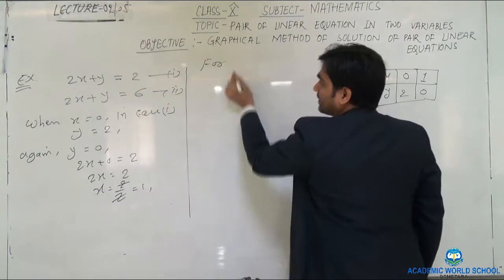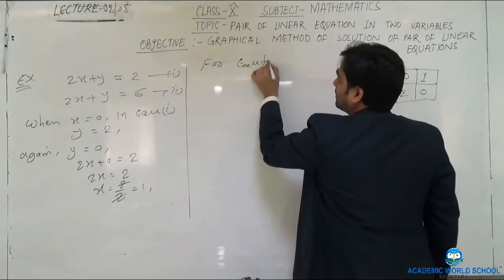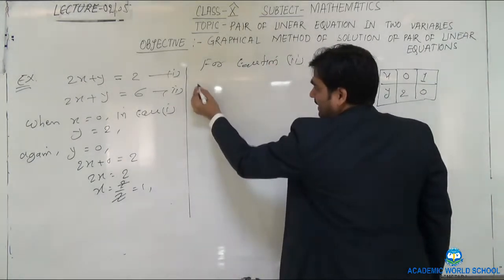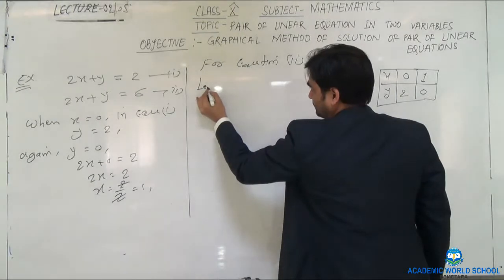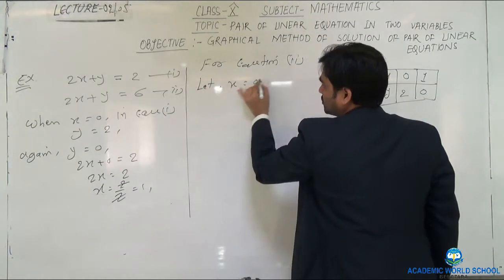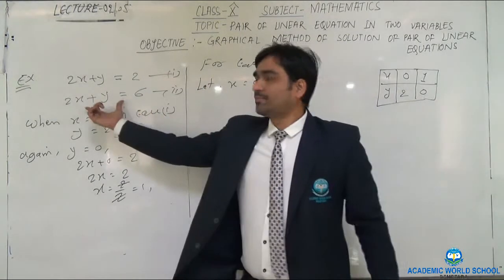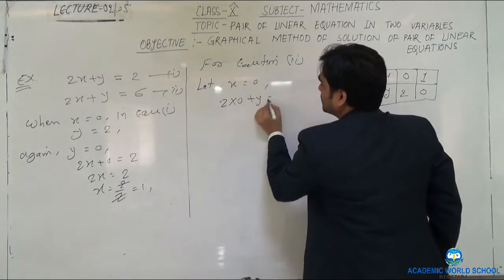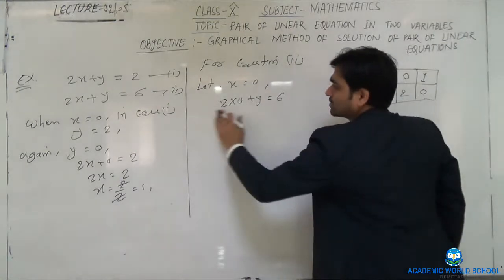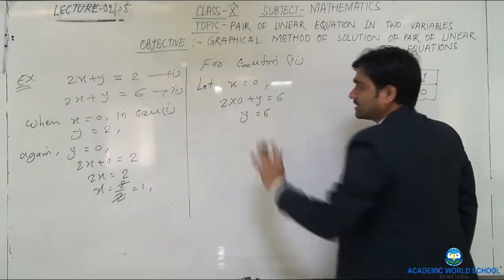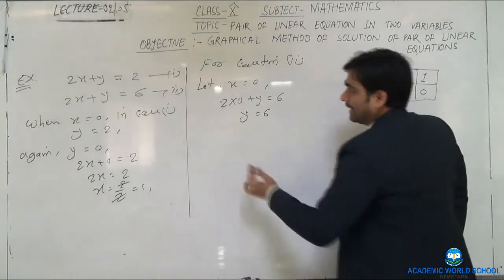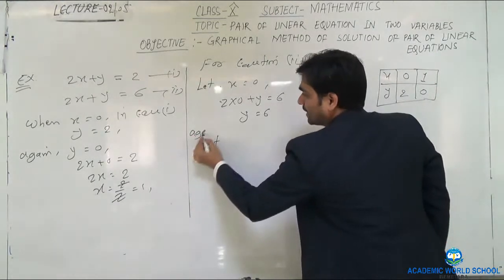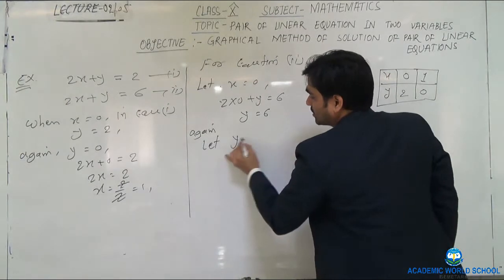Now for equation second, let x equal to 0 in equation number second. So 2 into 0 plus y is equal to 6. This term becomes 0, so y is equal to 6. This is the first solution. And again, take y equals to 0.